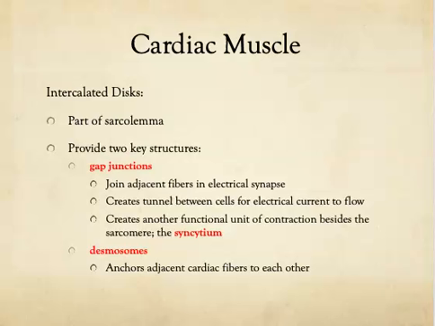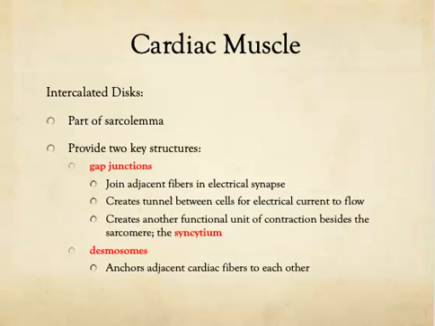The intercalated disc that holds cardiomyocytes together has two jobs to do. Number one, it physically anchors those two cells together. That's an important job. And number two, it creates an electrical synapse between the cells. Remember, when we talked about electrical synapses, we said that they were composed of gap junctions that allow for the electrical signal to travel from cell to cell with very little delay.